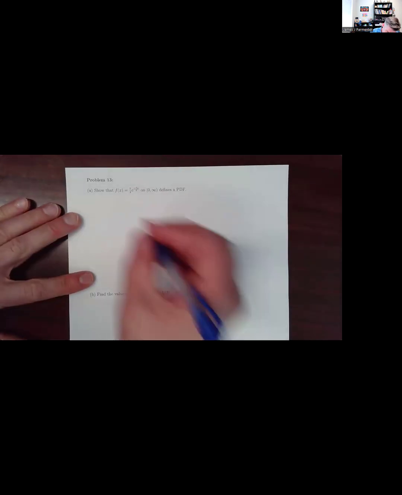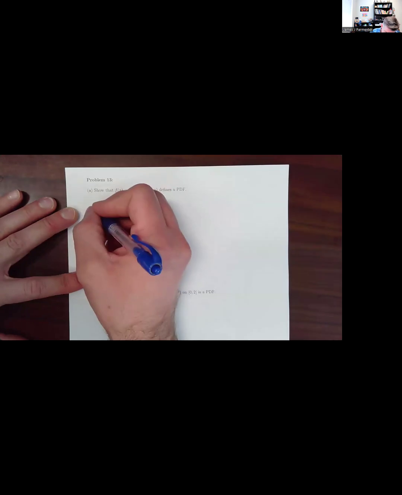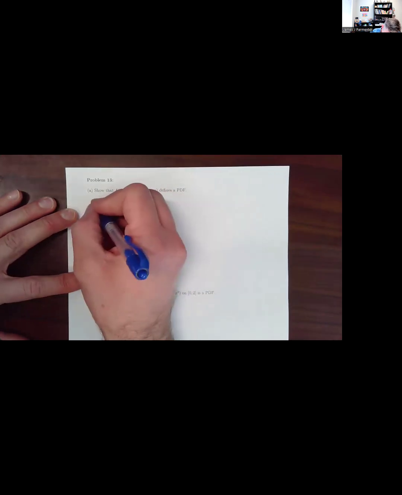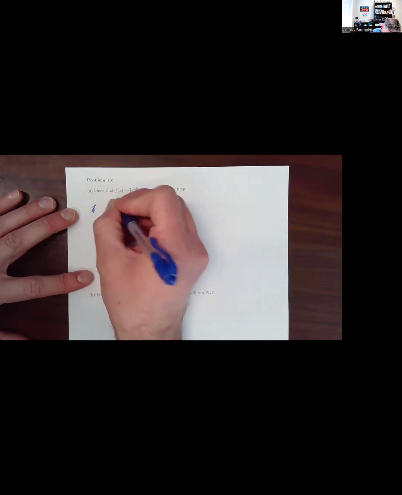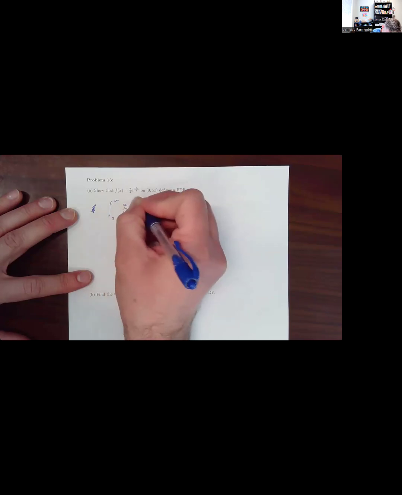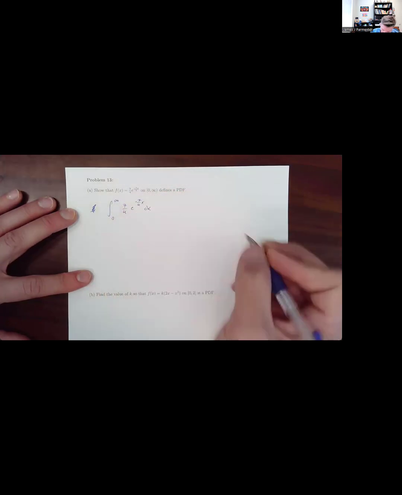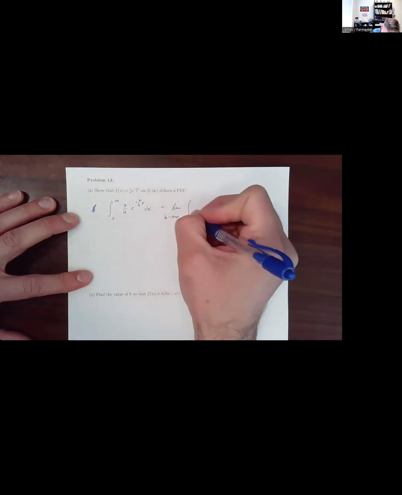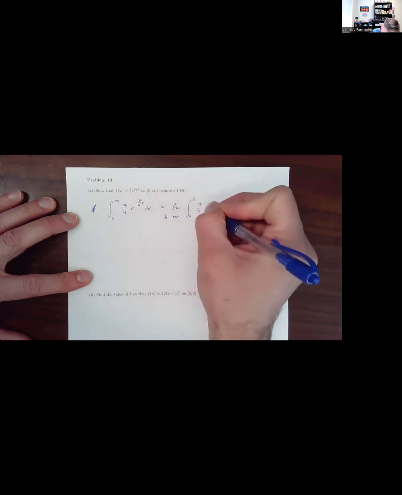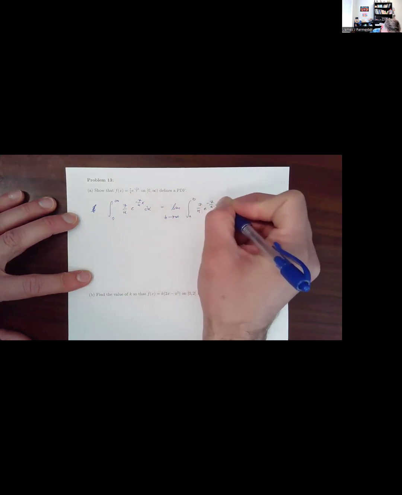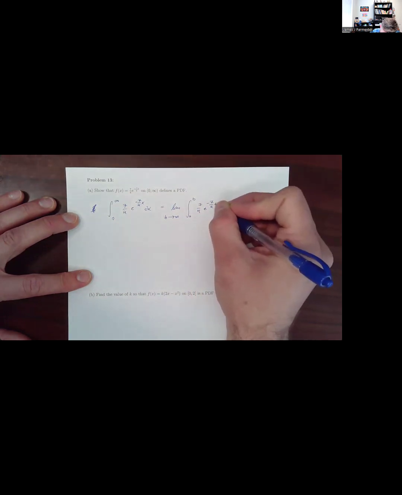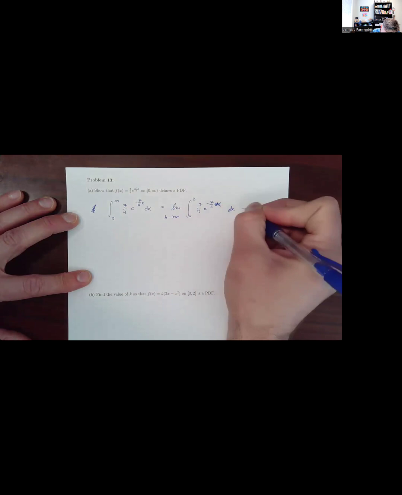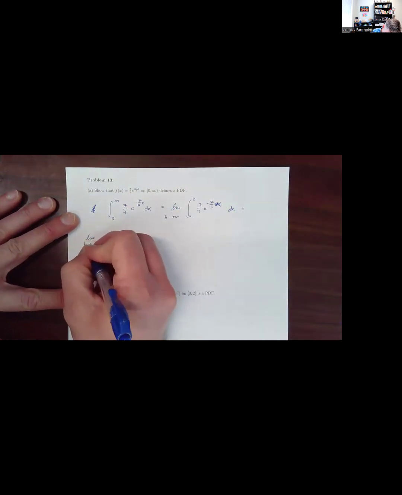All right, these last couple of problems here. To show this is a defined PDF, you have to do the limit. You have to do the integral from 0 to infinity of 7/4 e to the negative 7/4 x dx. And then it's going to be an improper integral. So that's going to be the limit as b goes to infinity of the integral.